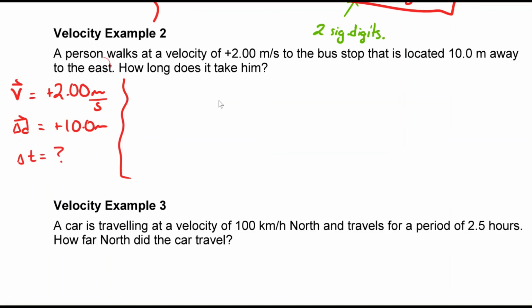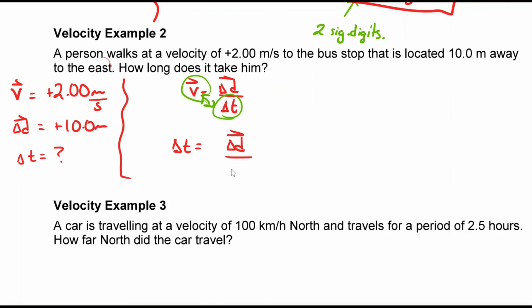Question mark. Okay, so v equals delta d over delta t. Remember, shortcut. If we ever want delta t, we just take this thing and we swap places. That is the shortcut. So delta t equals delta d.